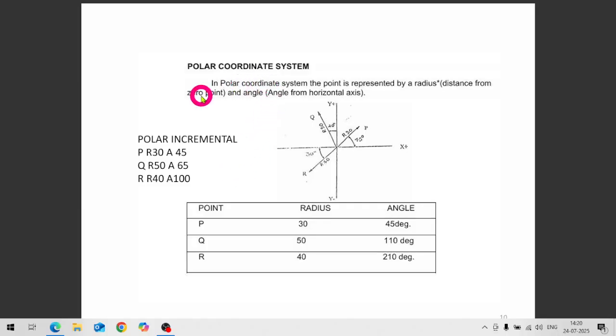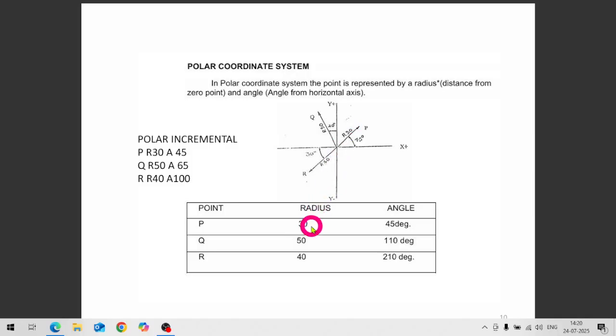Now this is our polar coordinate system. In polar coordinate, if you see here, these are 3 points, P, Q and R. So P point, if we define P point, the radius is 30 mm because the length of the line is 30 mm.